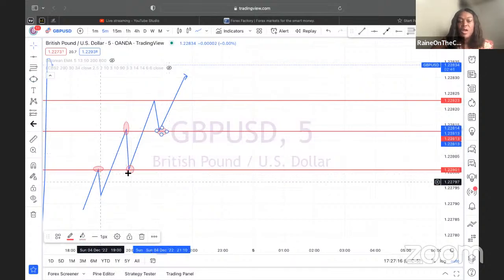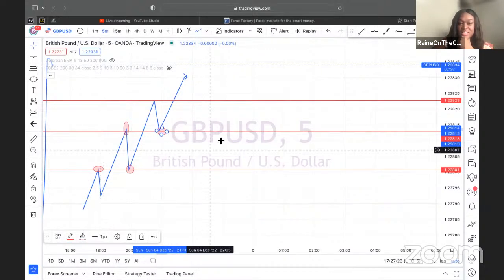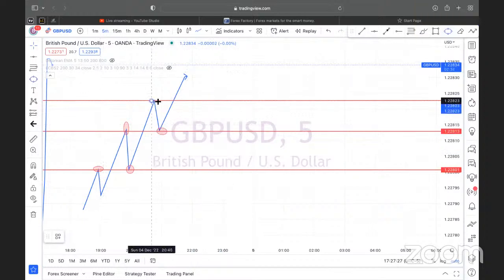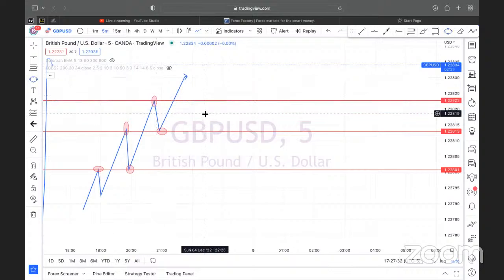So how do you know that it really is an uptrend? Does anybody have the answer for that? Higher highs, yes, I was about to say. Higher highs, the break of structure, and higher lows, right?